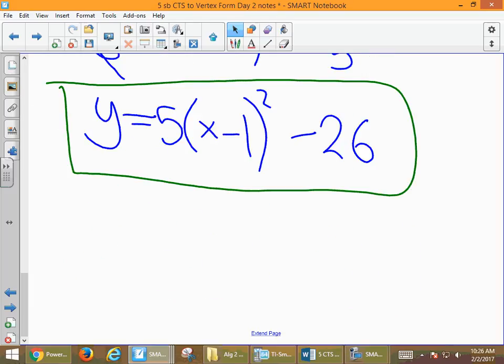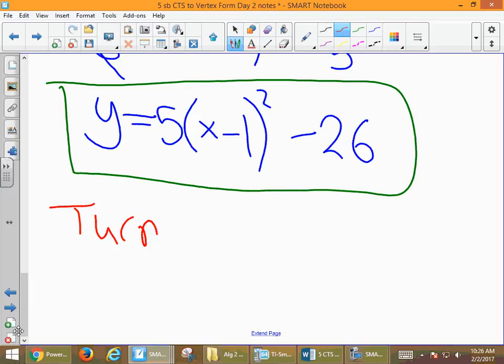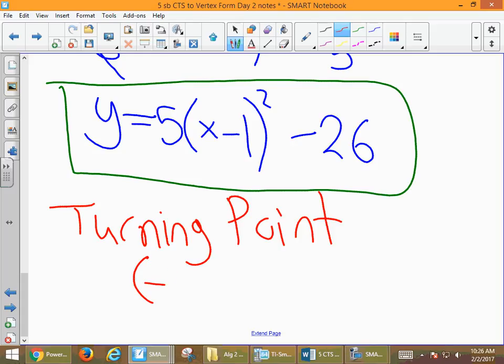And what is our turning point for our vertex going to be for this quadratic? Emily? 1, negative 26.